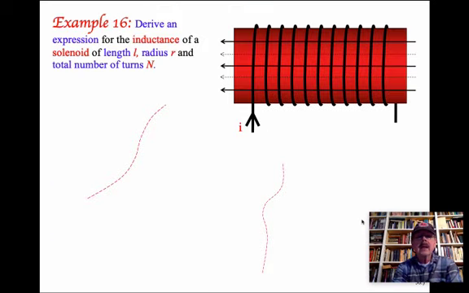Very quickly, if you remember back with capacitors, you had a parallel plate capacitor and you were asked to figure out what the capacitance was in terms of the parameters of the capacitor. And so you derived that C was equal to epsilon naught A over D. The way you did that, you started with the fact that the capacitance was equal to the amount of charge on one plate divided by the voltage across the plates.